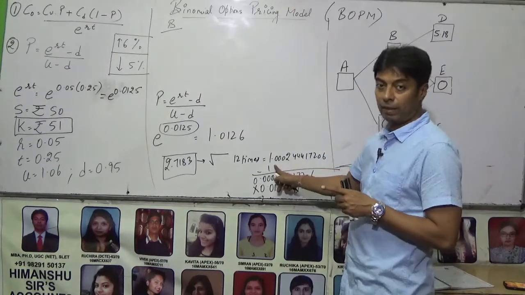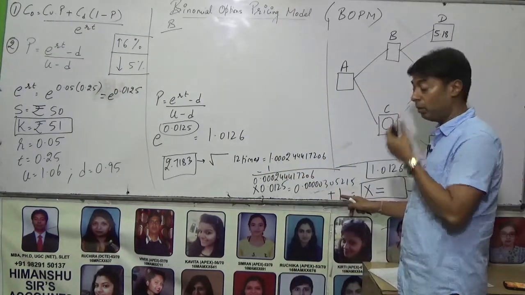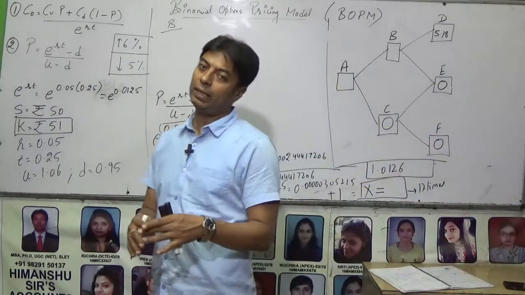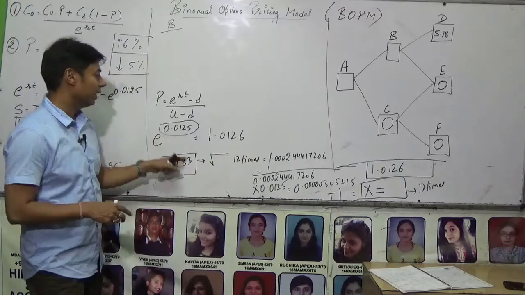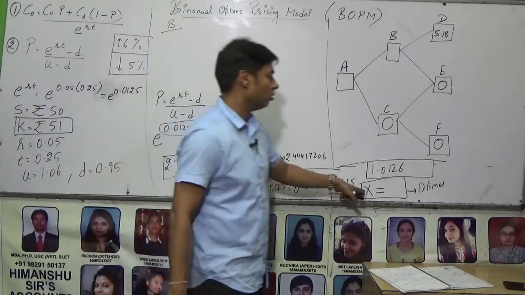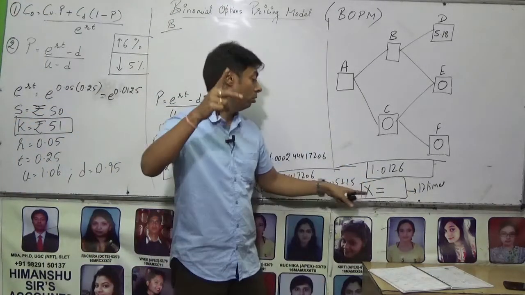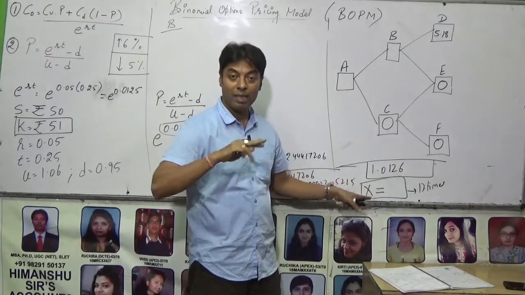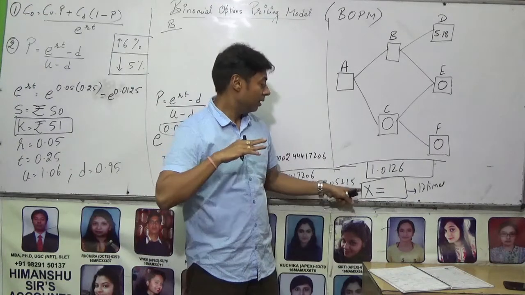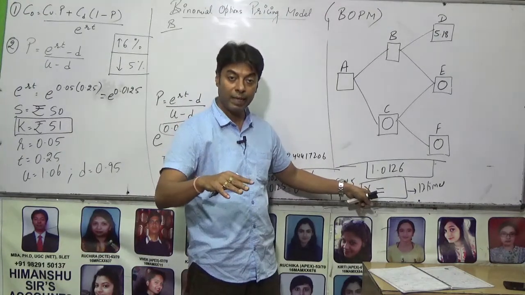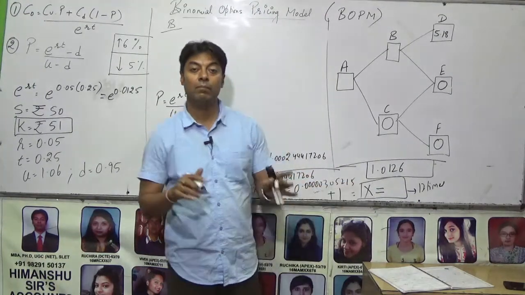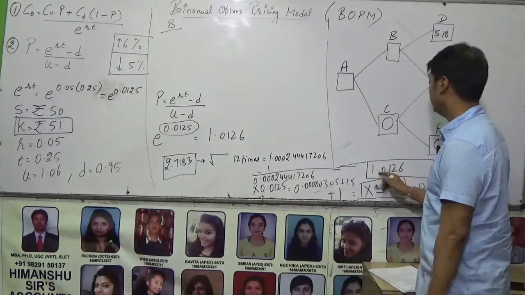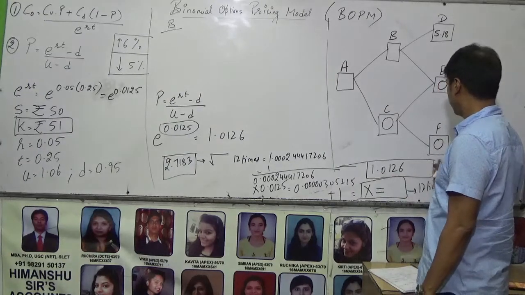Since you have subtracted 1, you have to add that 1 back. And when you add 1, you just have to square it 12 times. The algorithm says 12 times, so this is also done 12 times. And what do you need to do? You need to press into is equal to. That's the first iteration. Then into is equal to second time, third time, till 12 times you have to do it, and you will get the value as 1.0126.